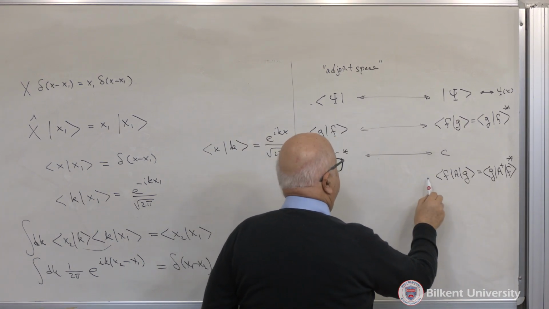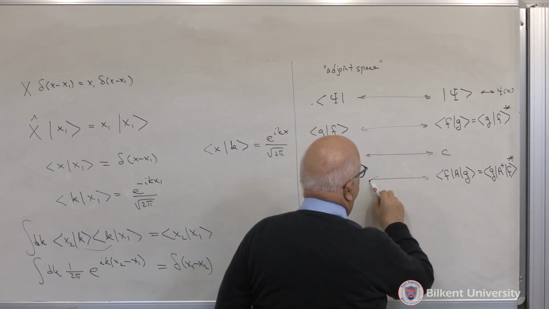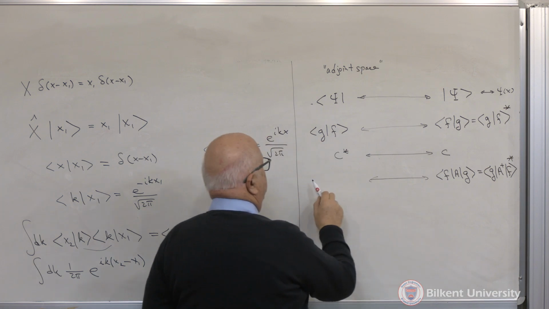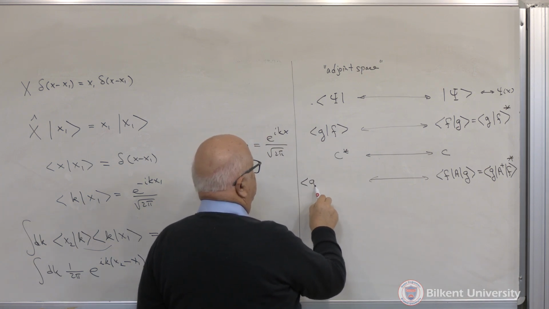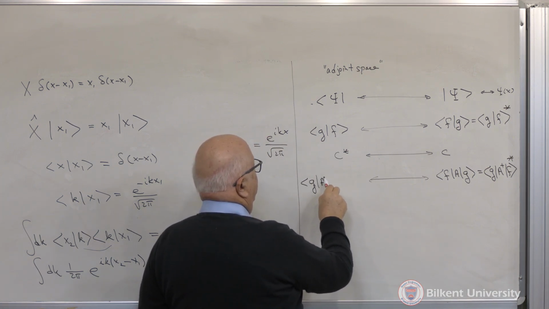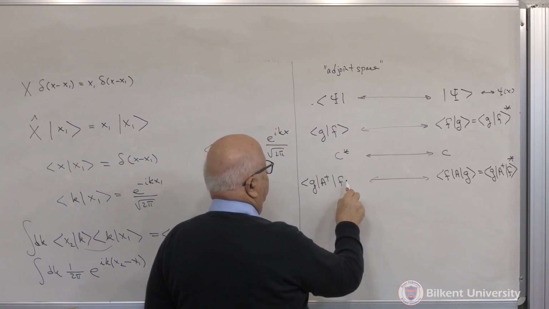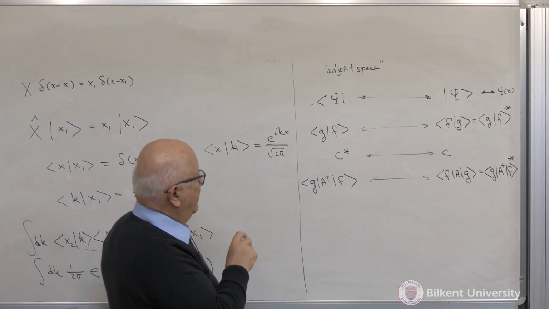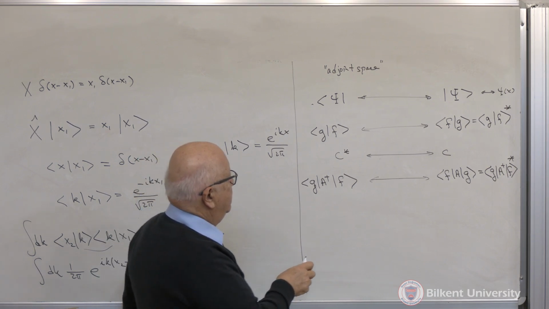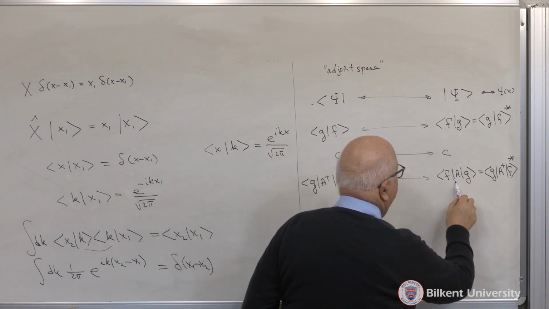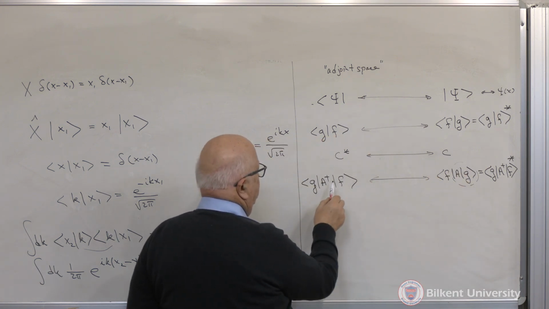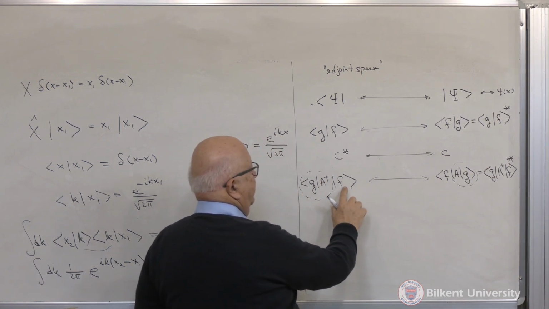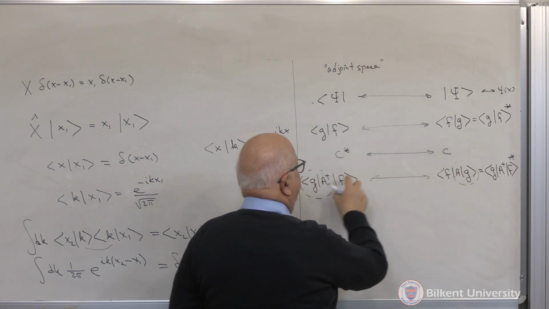Since the result of this is a number, its adjoint is going to be G A dagger F. And you can then look at this A operating on G part and separate that out. So you see F goes to its adjoint. So that must be the adjoint of that.